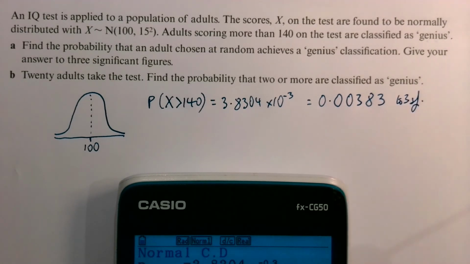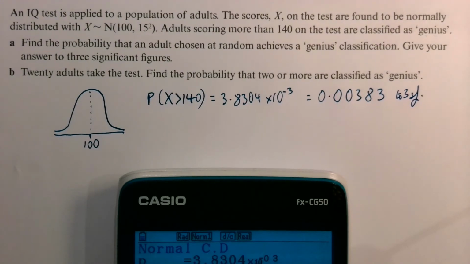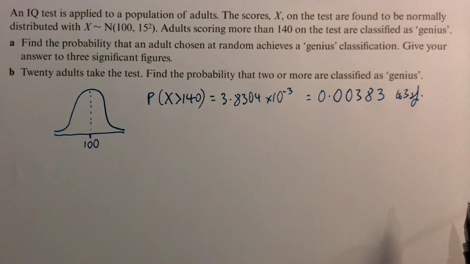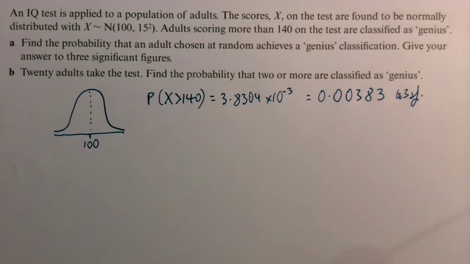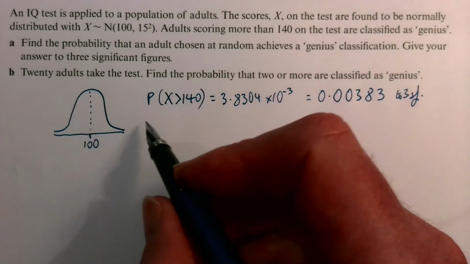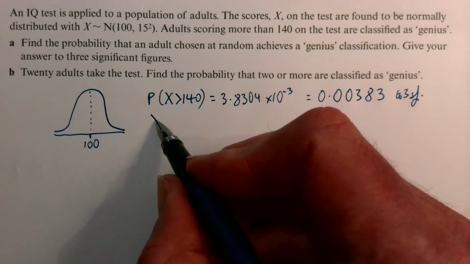Now the second problem, when they were told 20 adults take the test, we need to find the probability that 2 or more of them are classified as genius. All of a sudden this is no longer a normal distribution problem, is it? This is now a binomial, because we've got 2 things that can happen. Either you're a genius or you're not a genius, and we know the probability, and we've got a set number of tests to do.